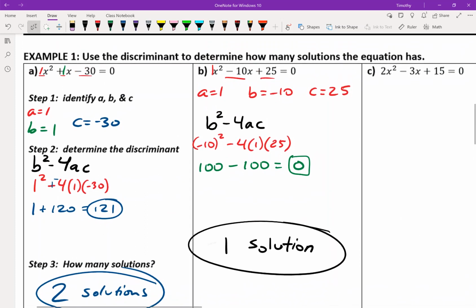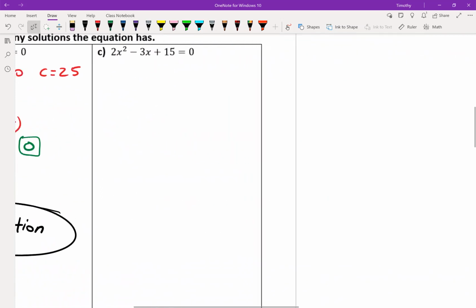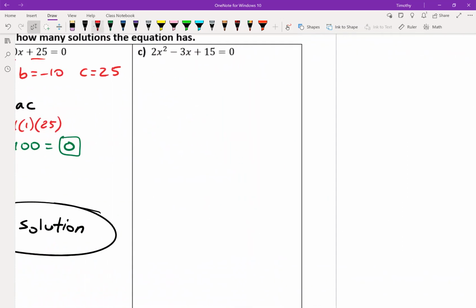Okay, last one. Example C. We know that a is 2. We know that b is negative 3. And c is 15.